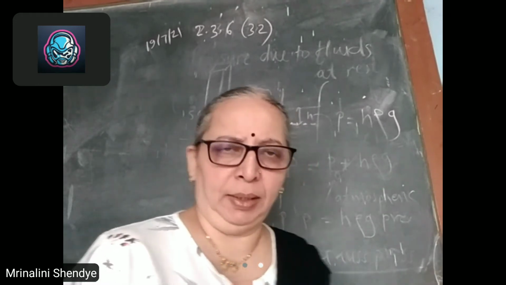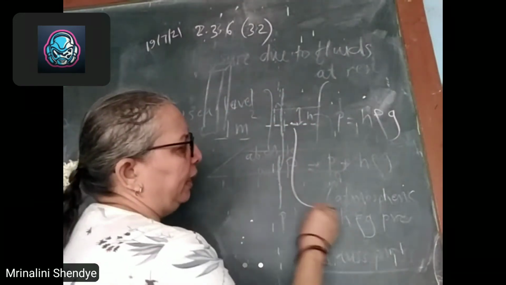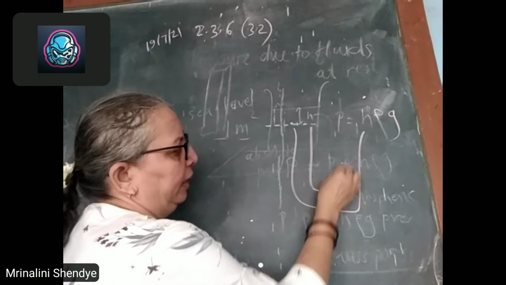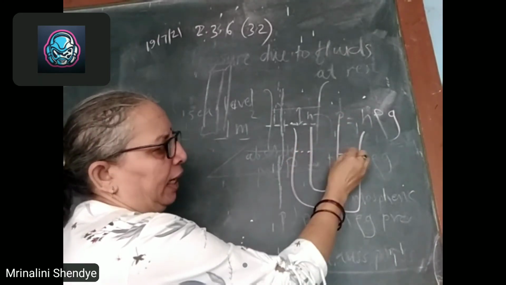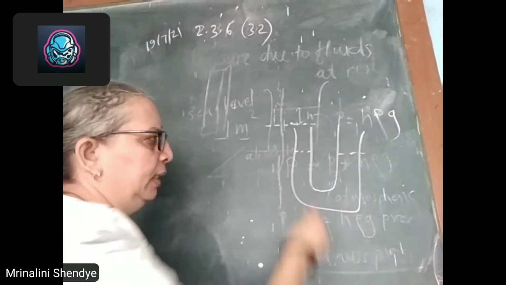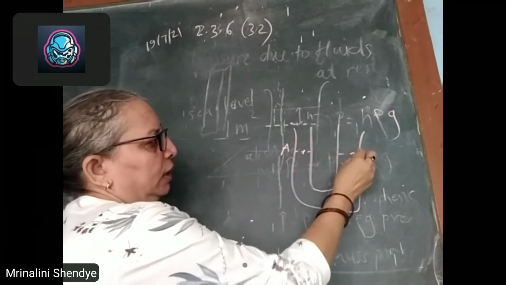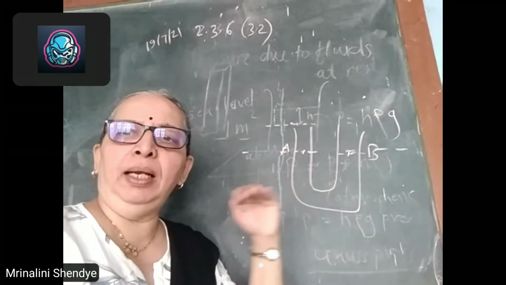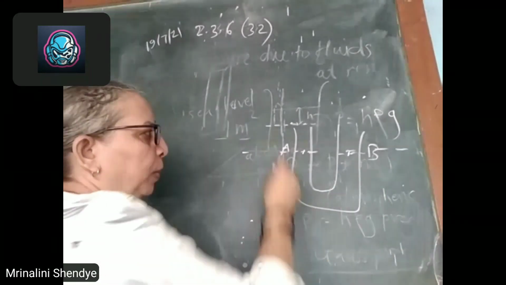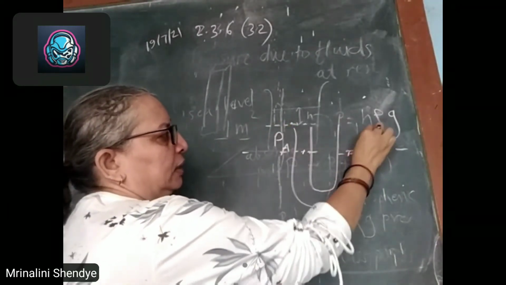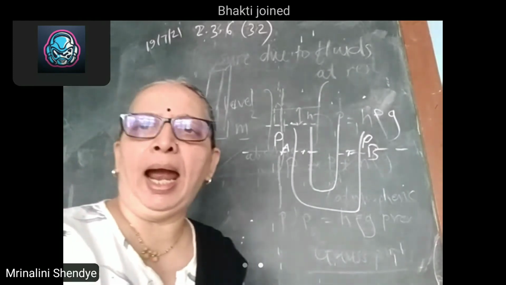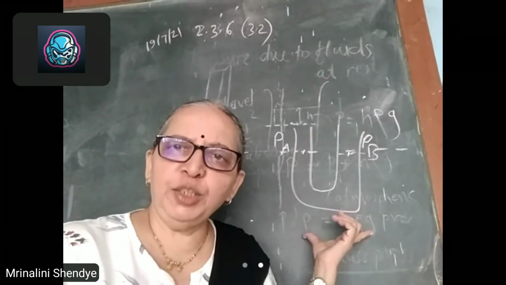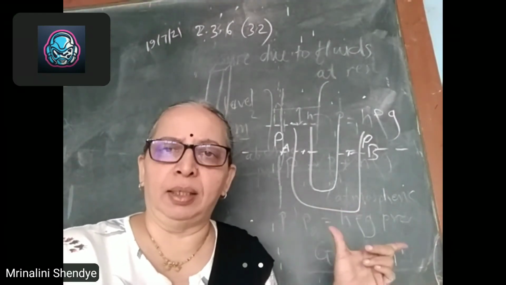on the principle that all particles at the same height experience the same pressure. Here is a particle A in this arm, here is a particle B, but they are at the same height level. So pressure at A is the same as pressure at B. On this principle they work.